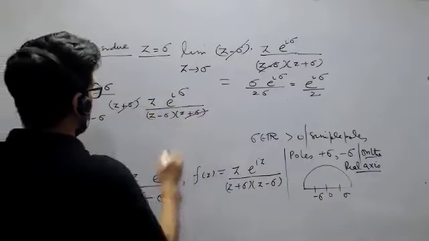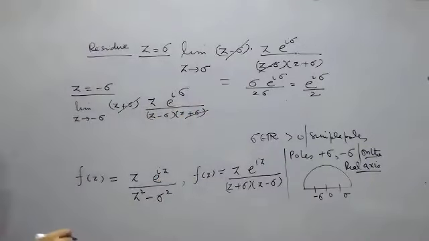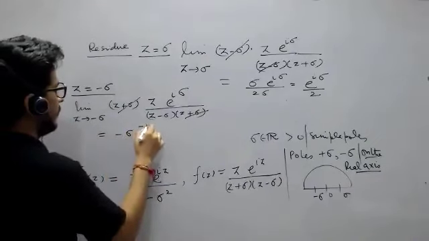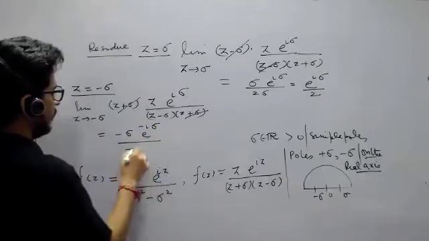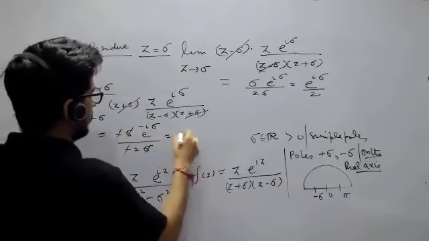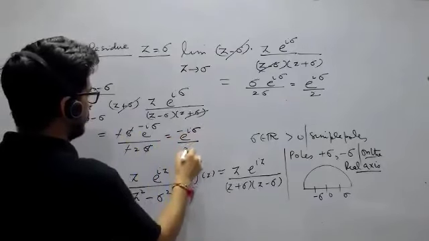Okay. So z is equal to minus sigma. So it will become minus sigma e to the power minus i sigma over minus 2 sigma. So this will be cancelled. So it will be e to the power minus i sigma by 2.